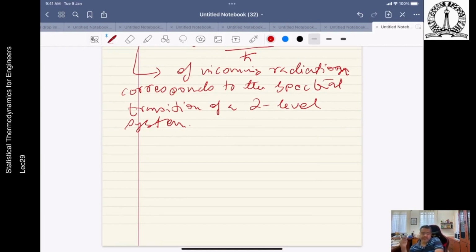So remember, the transition probability is what we are after, right?